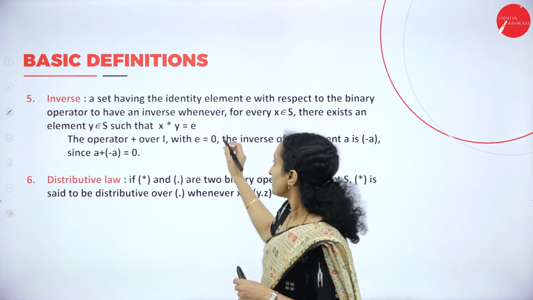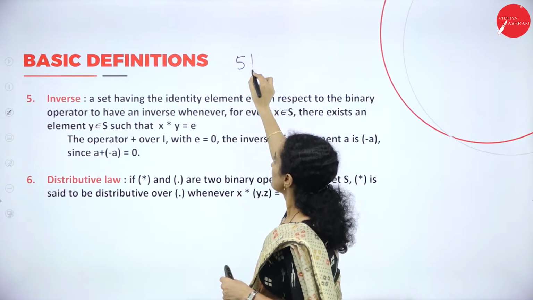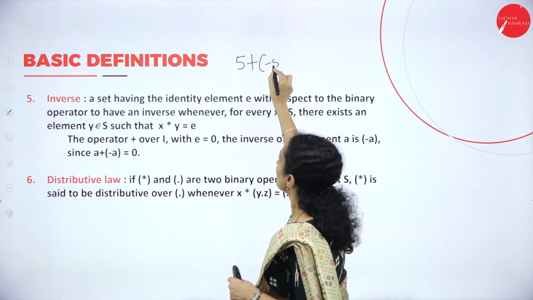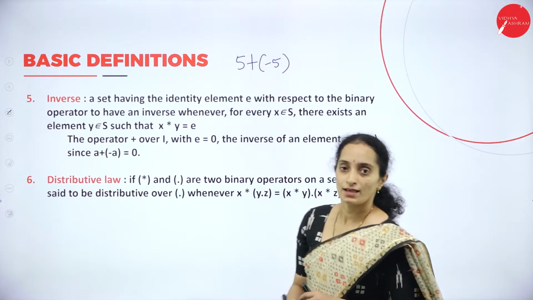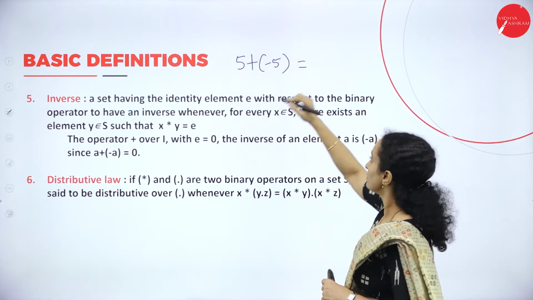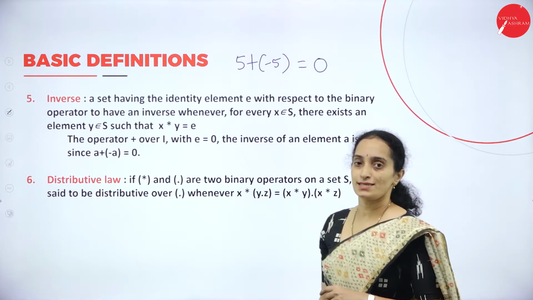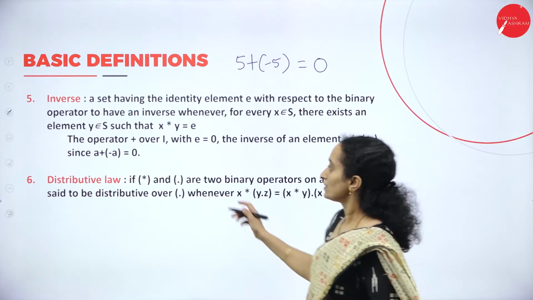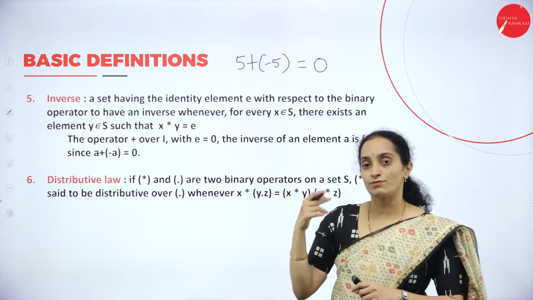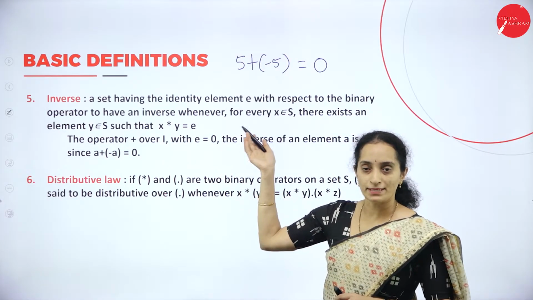If you take an example 5, 5 plus minus 5, when you give the reverse of 5, will give you the identity element 0. Is it not? So this is what the inverse says. The inverse of x will give you the identity element E.